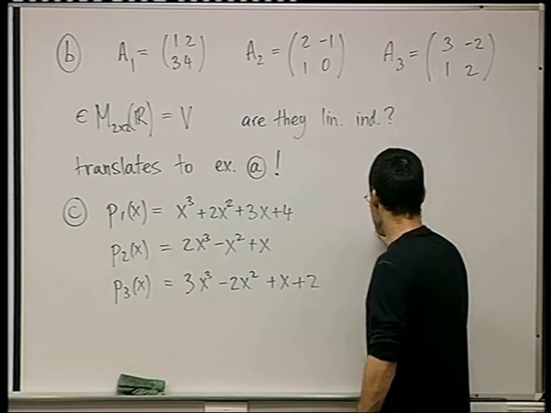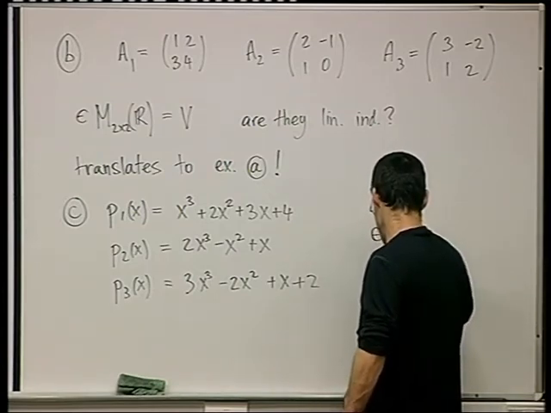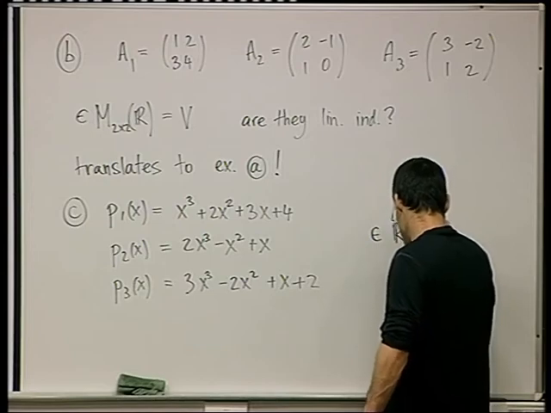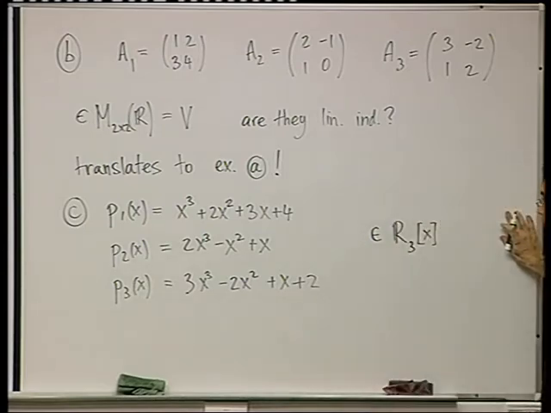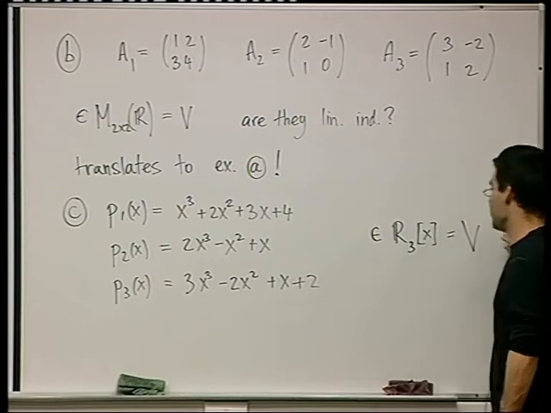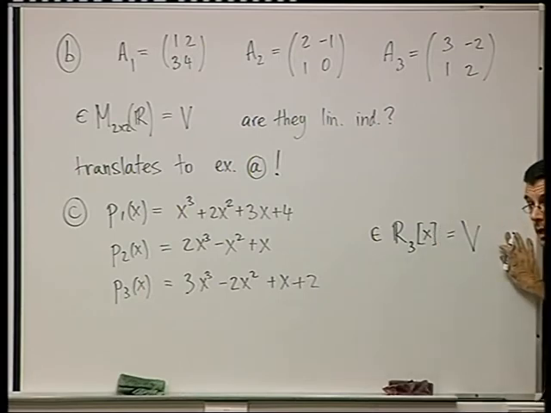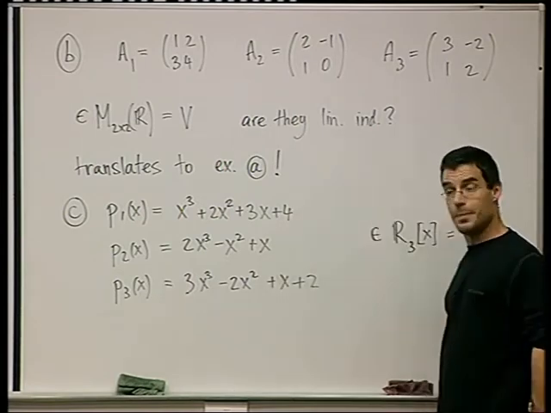These are 3 polynomials over R, let's say. So in R3 of x, 3 polynomials of degree less than or equal to 3 over the field R. Do you agree? This is a vector space. And a perfectly legitimate question is, are they linearly independent?